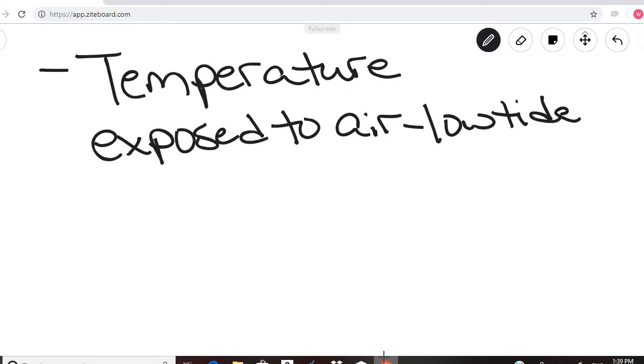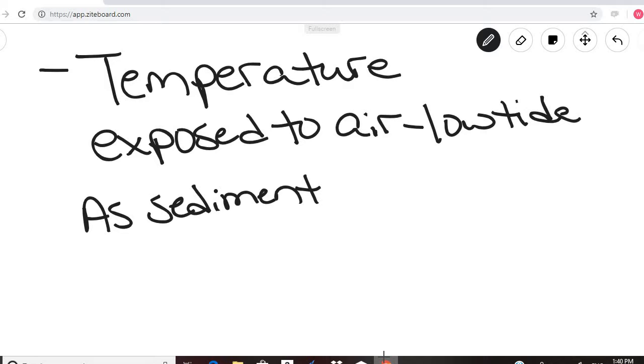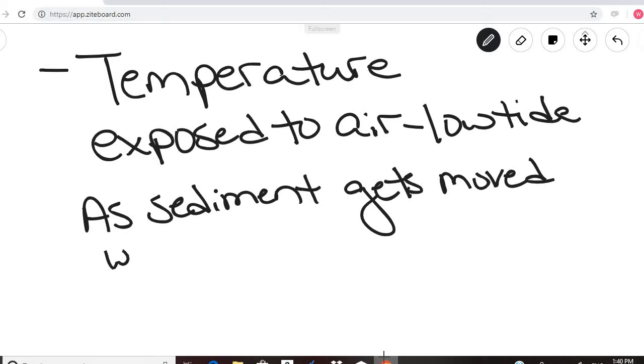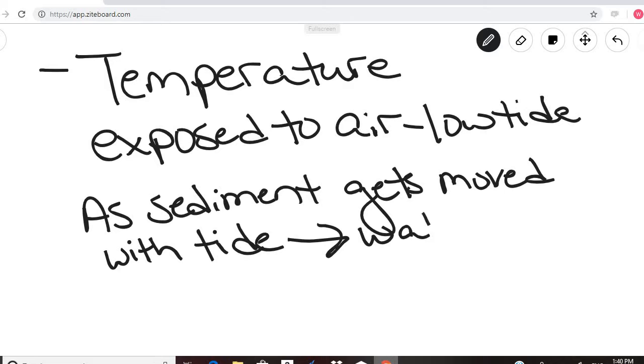And then the other thing is that as sediment gets moved around with the tide, in these estuaries you have a lot more sediment in the water, and that means that the water will be less clear because of that sediment.